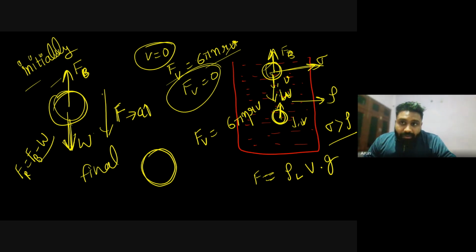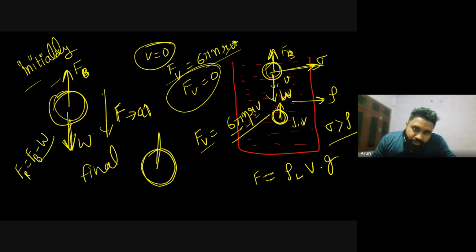So when the velocity has developed, the viscous force will come into play because it is 6 pi eta rv. सब कुछ था इसके पास, 6 भी था, पाई भी था, eta भी था, radius भी थी, only velocity was not there and now it has come. So viscous force is also introduced and it will try to oppose the motion because it is the friction force.